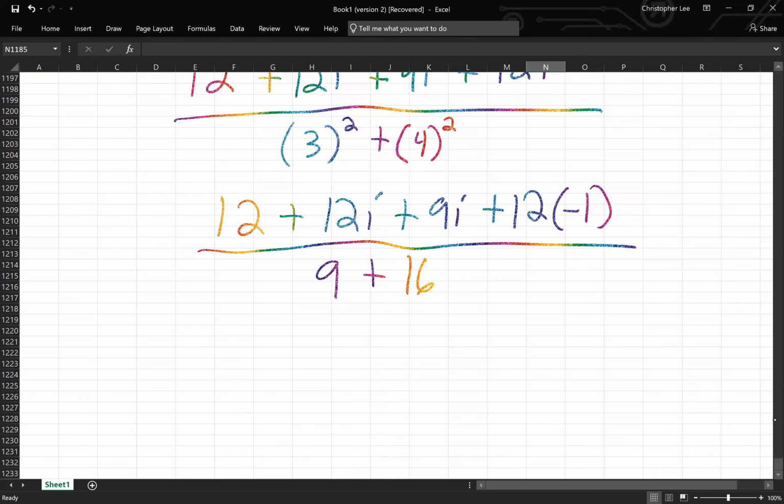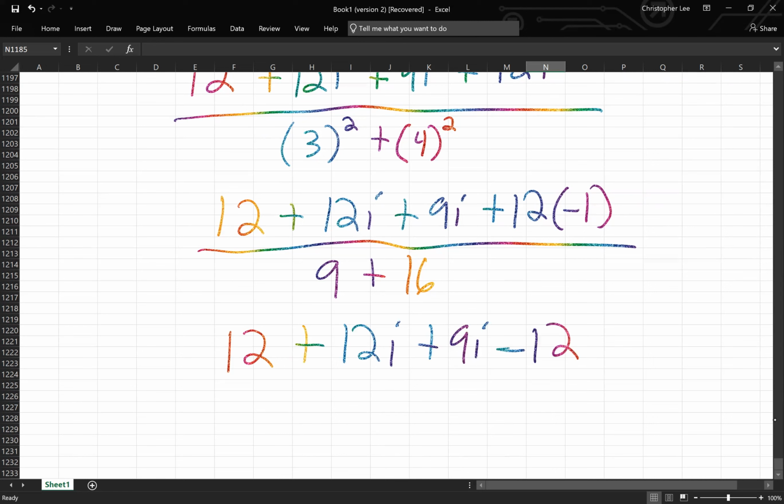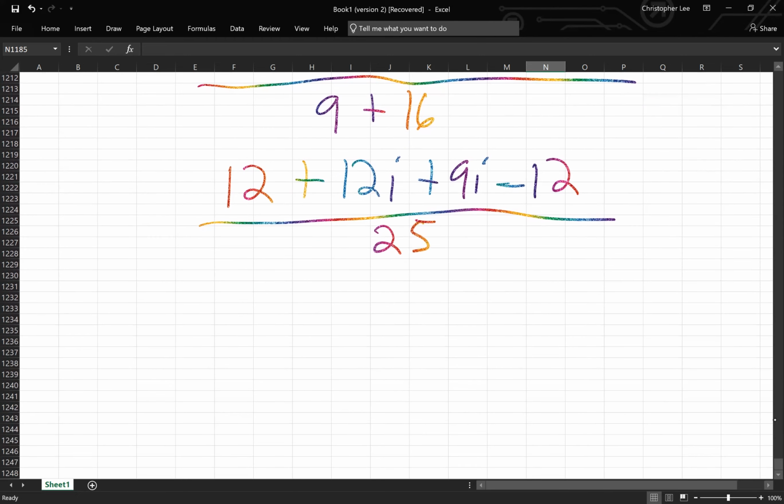Combining like terms, doing multiplication, all of it at once. So this is 12 plus 12i plus 9i minus 12, all over 25, something like that. And then combining like terms at the top, oh shoot, 12 and 12 cancel out. 12i plus 9i is 21i.